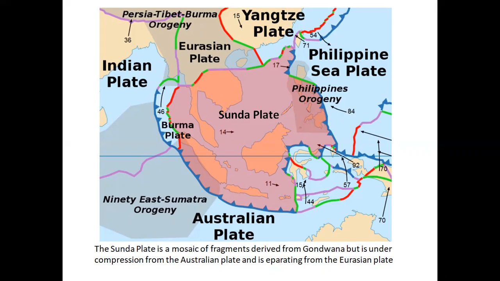Just reading the bottom, the Sunda Plate is a mosaic of fragments derived from Gondwana, and that's a surprise we'll learn in later discussions, that portions of Borneo, certainly Sumatra, Burma, and even sections of the Singapore Peninsula, etc., have been derived from Gondwana, or from the Australia-India, Greater India boundaries in the history of going back several 100 million years.